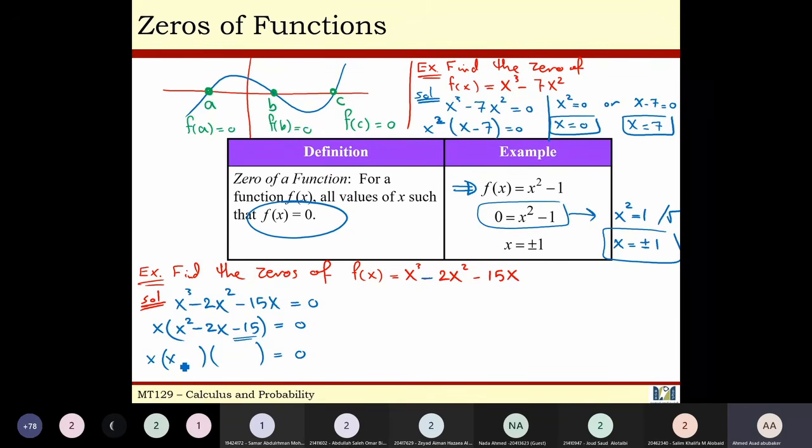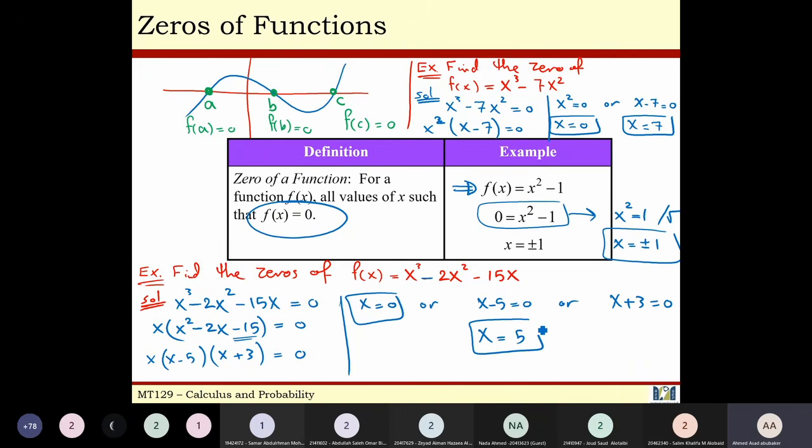Yes, good. x minus 5 and x plus 3. So how many zeros? x equals 0, or x minus 5 equals 0, or x plus 3 equals 0. So how many zeros? We have 3.